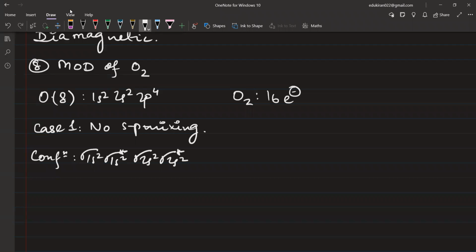Now tell me guys, after sigma star 2s2, will it be sigma or pi? With no sp mixing it will be sigma 2pz, very good, sigma 2pz2. Now we are going to have pi 2px equals pi 2py. So we have 2, 4, 6, 8, and 10, 11, 12, 13, 14.